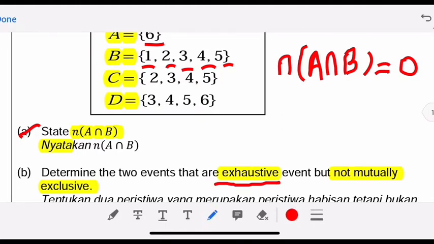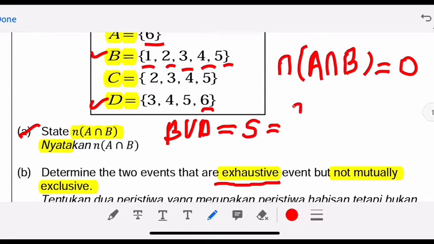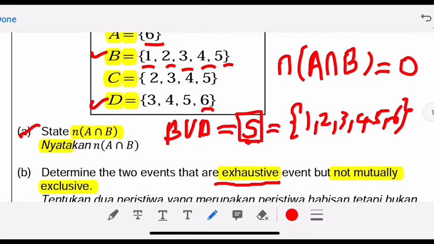So now we want to study the exhaustive events. If exhaustive, the elements must come from set S, either B or D. For example, B has 1, 2, 3, 4, 5, and D has 3, 4, 5, 6. When we do the union, B union D, we get 1, 2, 3, 4, 5, 6, which is equal to S, the universal set.